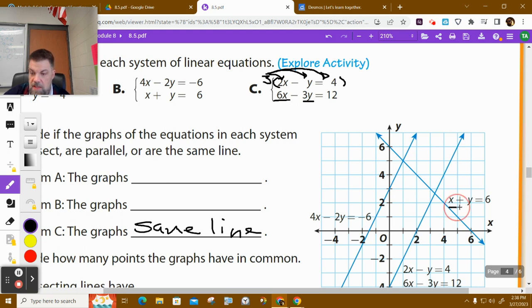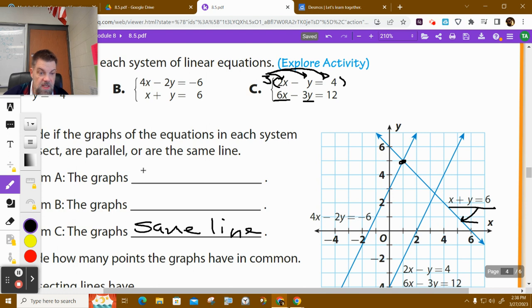Now this one goes to this graph, and that intersects with one of these. Well, it intersects with both of them. It intersects with this one, right? So system B has one intersection. In other words, it's going to intersect here.